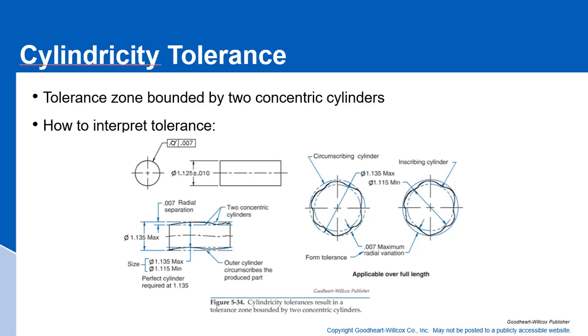It's kind of like the difference between a straightness tolerance and a flatness tolerance. A straightness tolerance on a surface checks surface elements in just one direction, in just one line. But flatness tolerances cover the entire surface in both directions. So flatness is kind of like an extension, if you will, of the straightness tolerance.